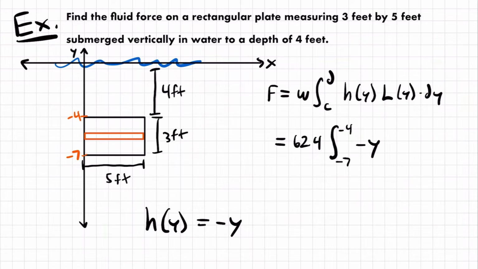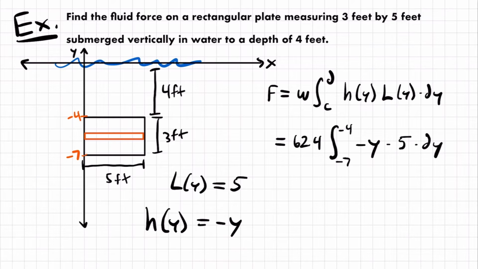And so we don't actually need to represent that with a variable such as y. We can just say that the length in terms of y is equal to 5, because that is the length of our surface for the entire surface. And so the length in terms of y is equal to 5. And so we can replace that in our definite integral, and we can multiply -y by 5, and then multiply by dy.